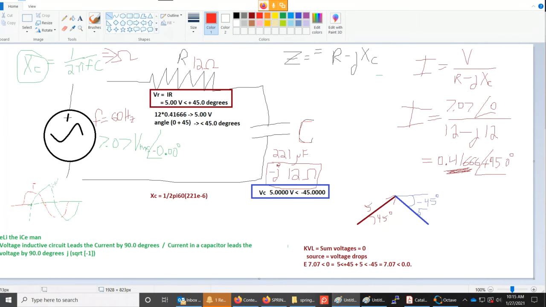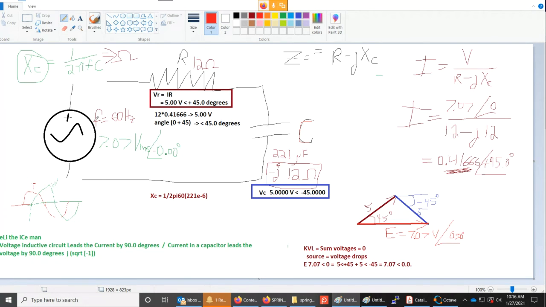Now if we were to draw this, this is our voltage E, which is 7.07 volts at an angle of 0 degrees. Really hard to write like this with a mouse.